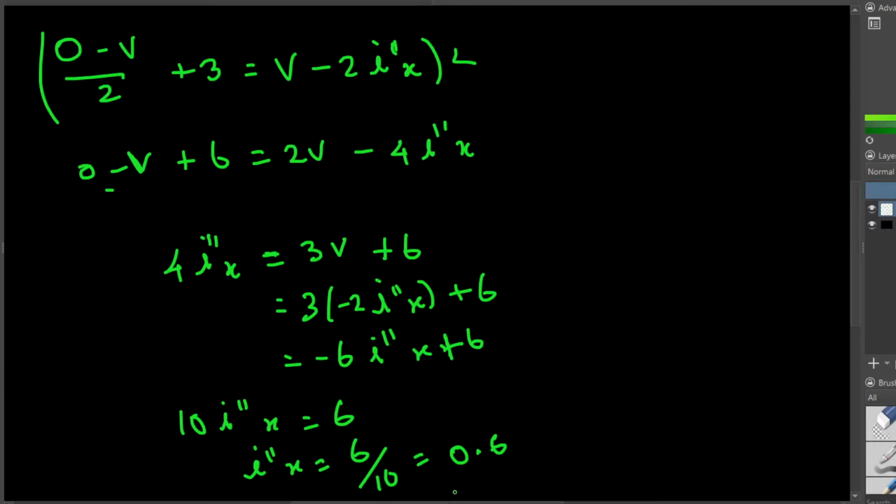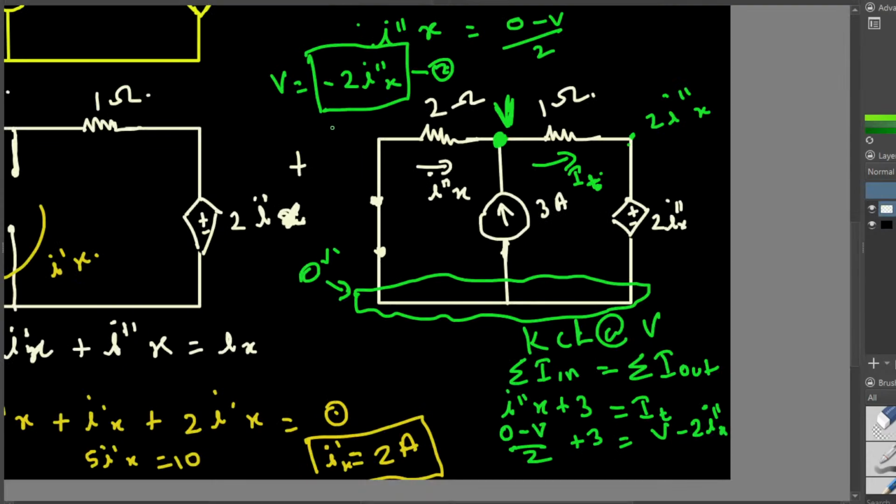Okay, let me see if I take the directions correct and everything. So first I got 0 minus v divided by 2, and then we have 3 going in, so these are added together.